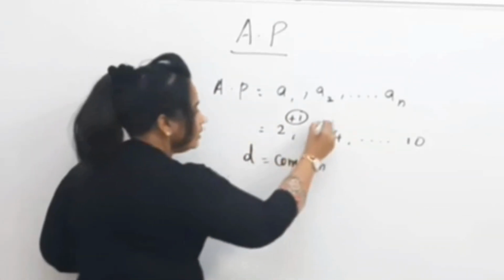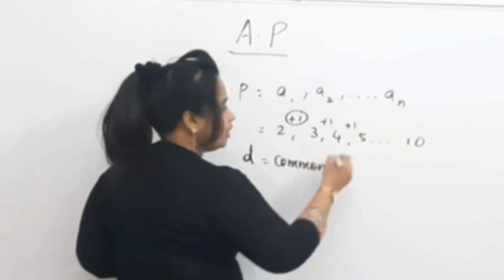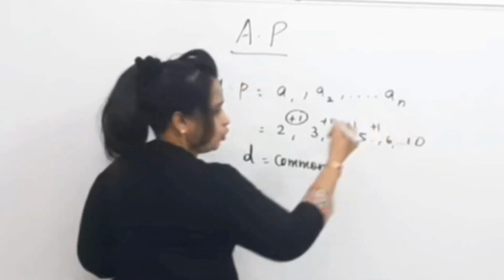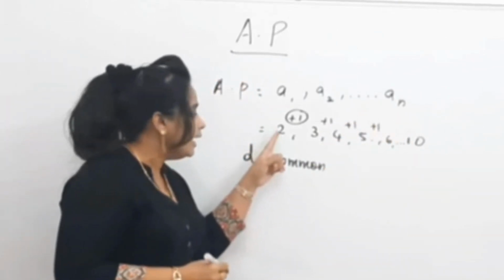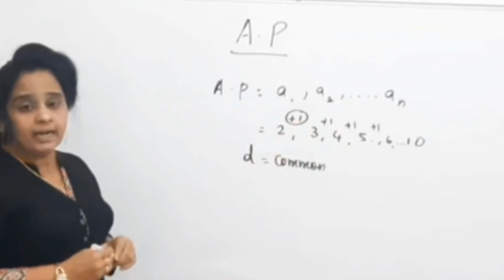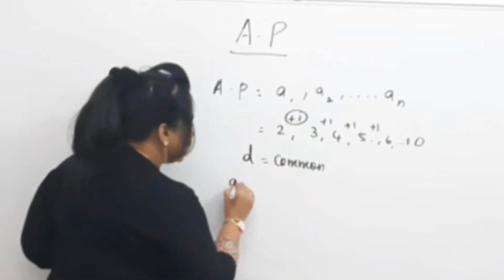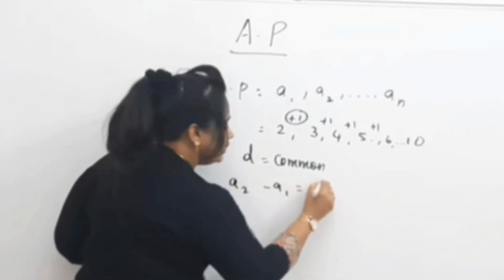So, you can see here plus 1, and then plus 1, the next term is going to be 5, and plus 1 and you get the next term 6, and so on. So, d is the common difference and this is a1, a2, a3, etc., the numbers. Now, how do I get your d? That is a2 minus a1, you get your d.